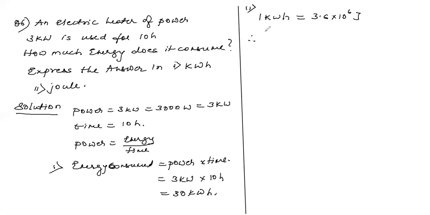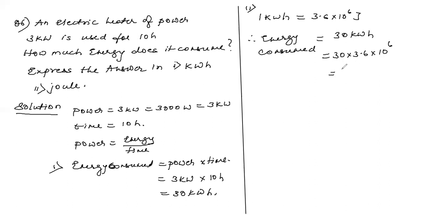Therefore, energy consumed is equal to 30 kilowatt hour, which is 30 into 3.6 into 10 raised to 6.